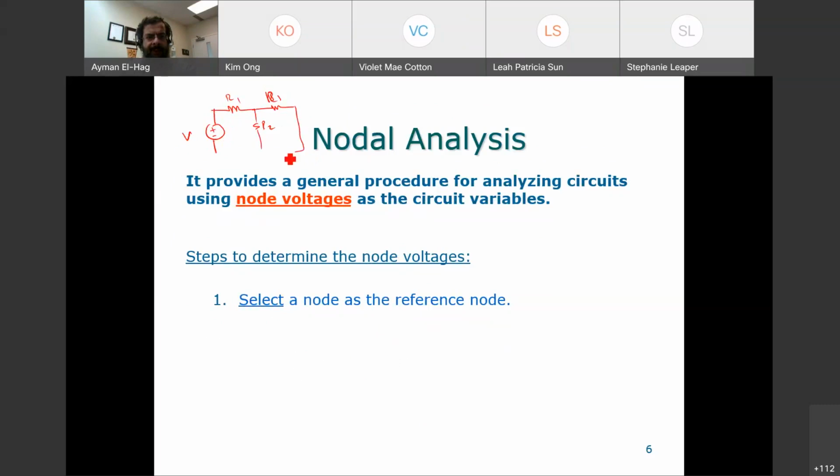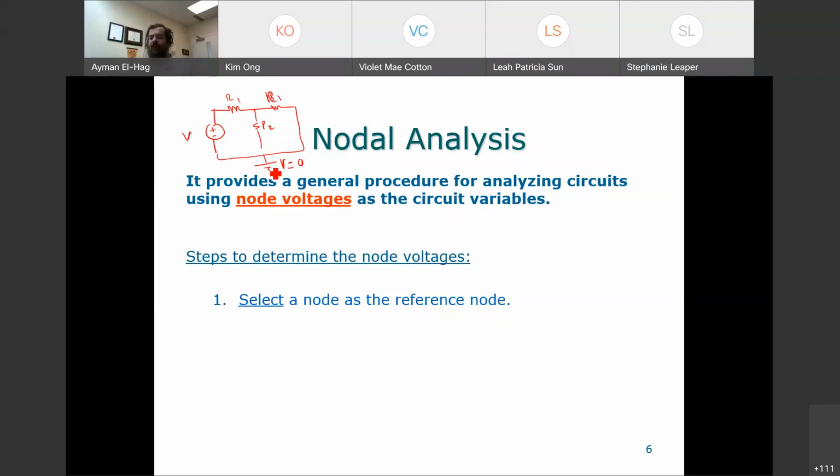R3. So we select one of the nodes as a reference, and usually we select the node that is connected at the bottom. This is usually the node that we select, and usually it is given to you. So this is the node we could select as a reference, and we assign the voltage here V equal to 0.